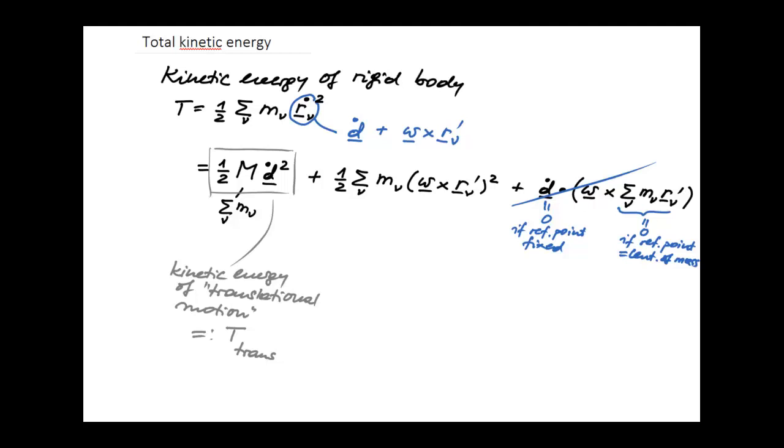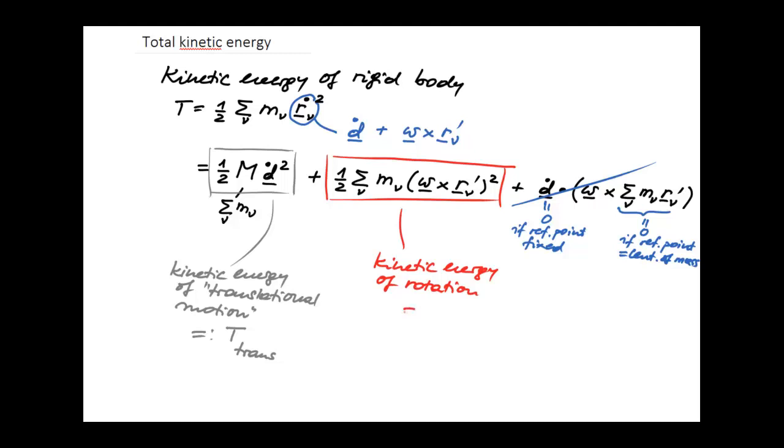And then we have the second contribution, and that's the one that from now on we would like to focus on, this one here. This is called the kinetic energy of rotation, because this is the only term in which the angular velocity enters. And it describes the kinetic energy associated with the rotation of the rigid body.